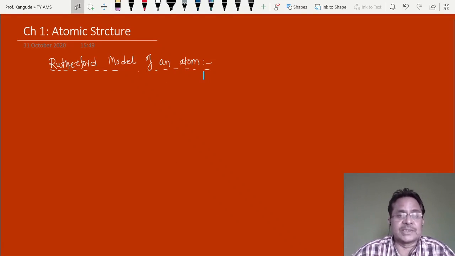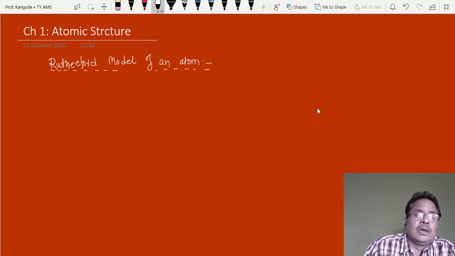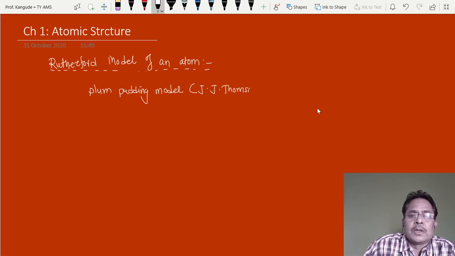Yesterday we have seen there is a plum pudding model. This was put forward by J.J. Thomson, and in this model the atom consists of a region of space wherein positive and negative charges are embedded.